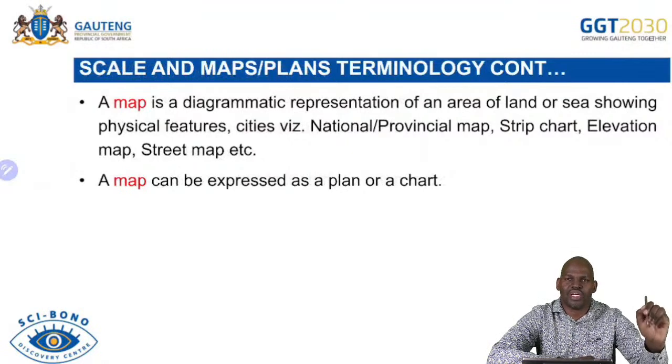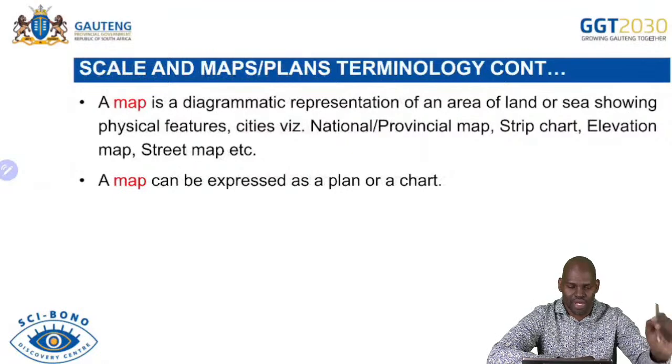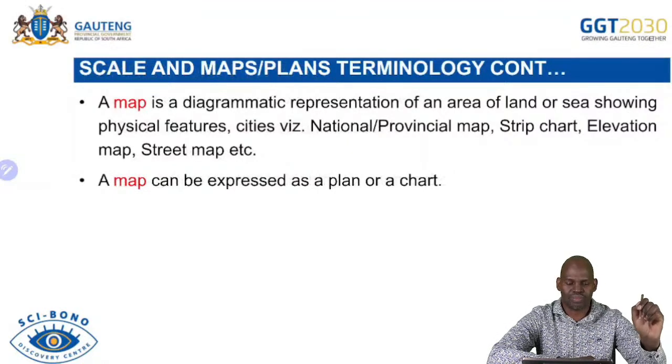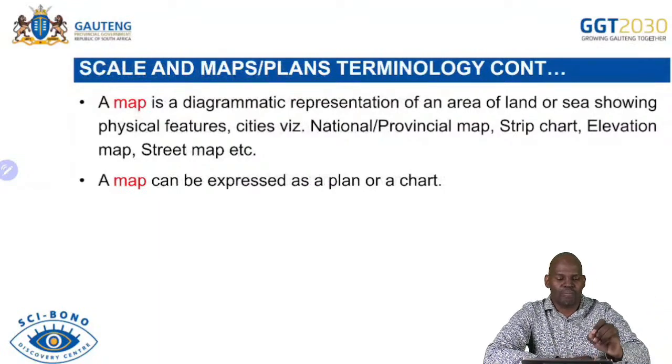If you look at the definition of any terminology, and you read it once or twice and you see that you can make it simple, just do it that way. Make sure that you summarize it or make it as simple as possible so that you can remember it in the examination. So what do we mean by a map?